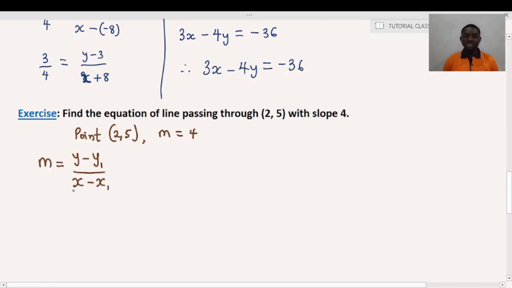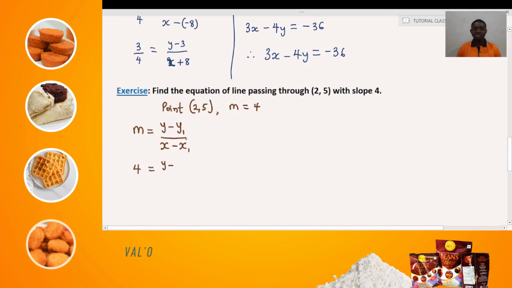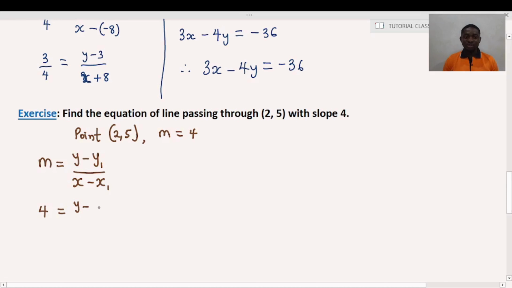Recall the gradient has been given as 4, so we can say 4 equals y minus the y1, which is 5, so we have it as minus 5, over x minus x1. The x1 that we have here is 2.